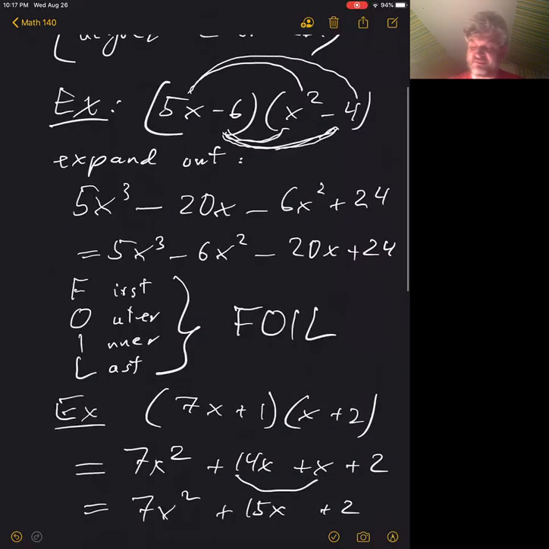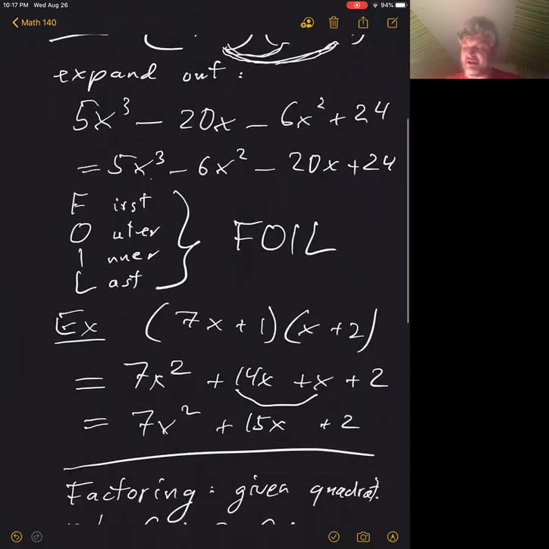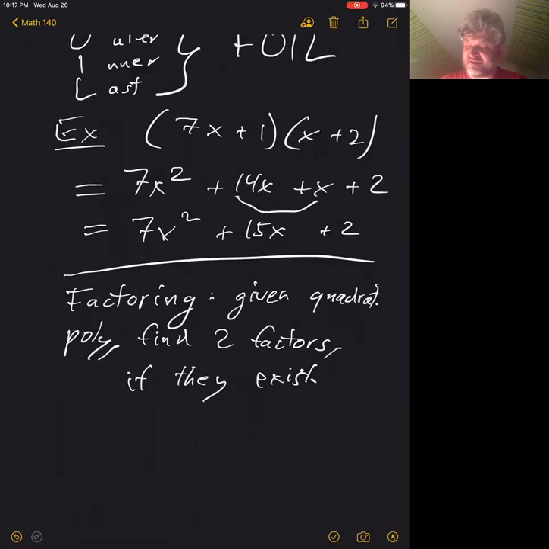So looking back to my examples, maybe you noticed that the degrees of those two factors, they are 1 and 2 in the example at the top, add up to give the degree of the result, because the two highest powers multiply together and the exponents add up. And the same thing happened there. 7x times x gives 7x squared, so the degrees are 1 and 1, which adds up to give me a degree of 2.